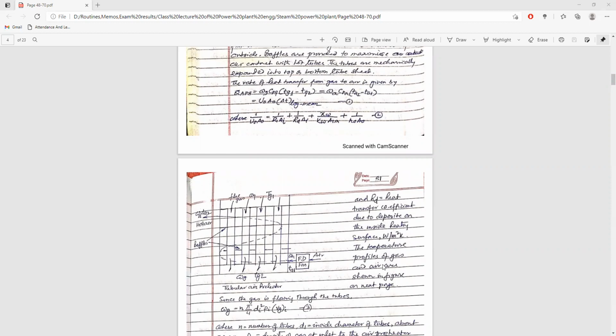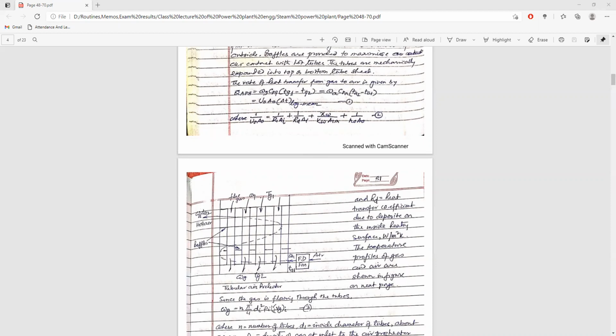The temperature profiles of the gas and air are shown in the figure on the next page. Here we take into account the heat transfer per unit area and per kelvin of temperature rise, across the deposit on the inside.